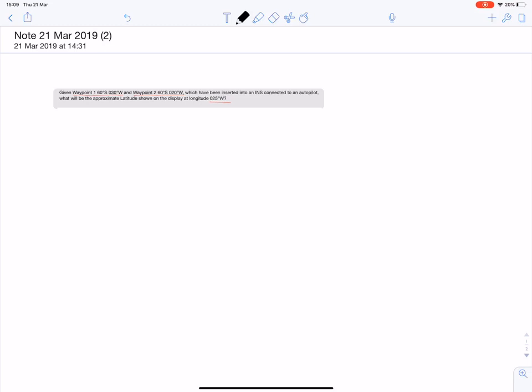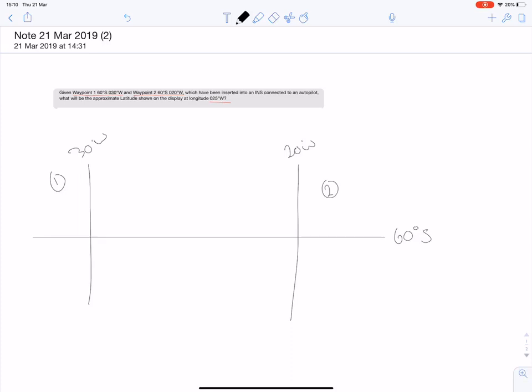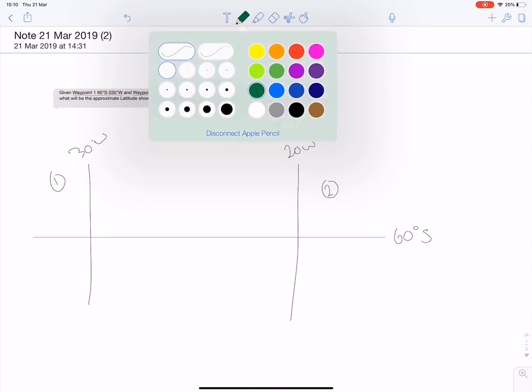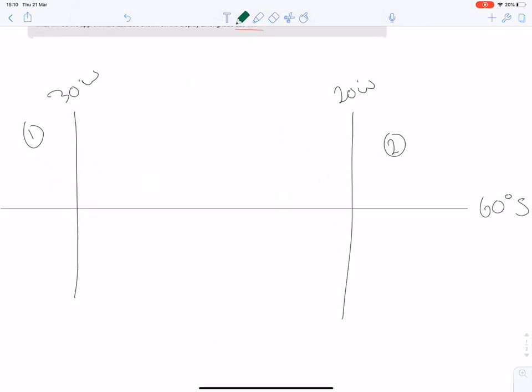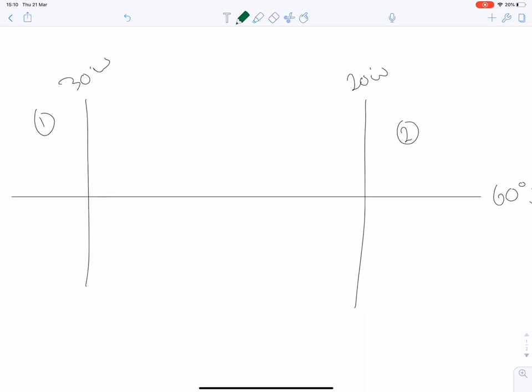So I'm just going to draw up the scenario. The scenario looks like this. So this would be 60 south, and we would have 20 west, 30 west, and waypoint 1 is here, and this would be waypoint 2. Since it's autopilot flying, we are assuming in this question that we would be flying a great circle track.